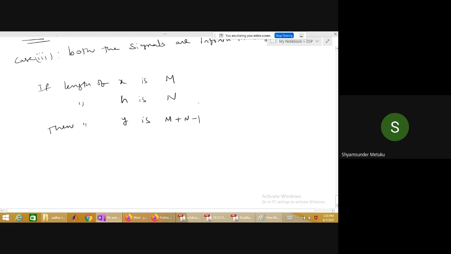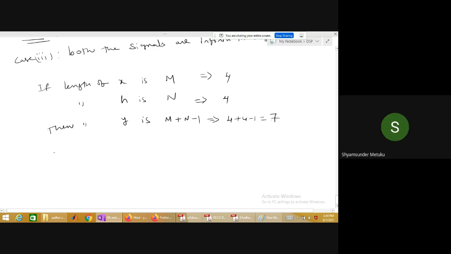So as per that, what is M in the given example? 4. And what is N for h? 4. What is y? 7. Don't you think I need to calculate y for 7 samples?